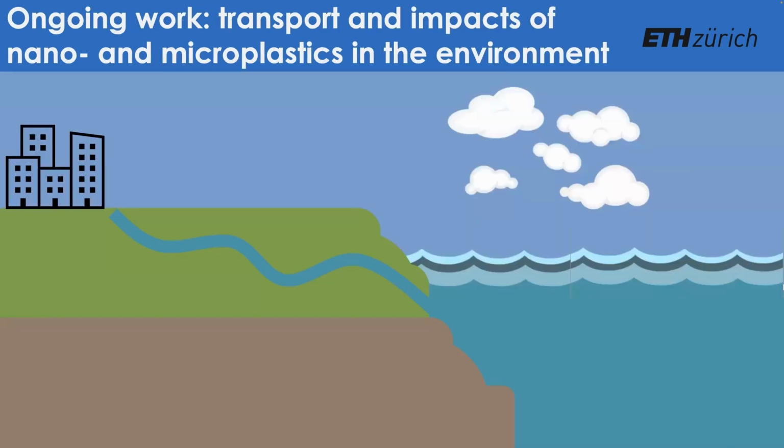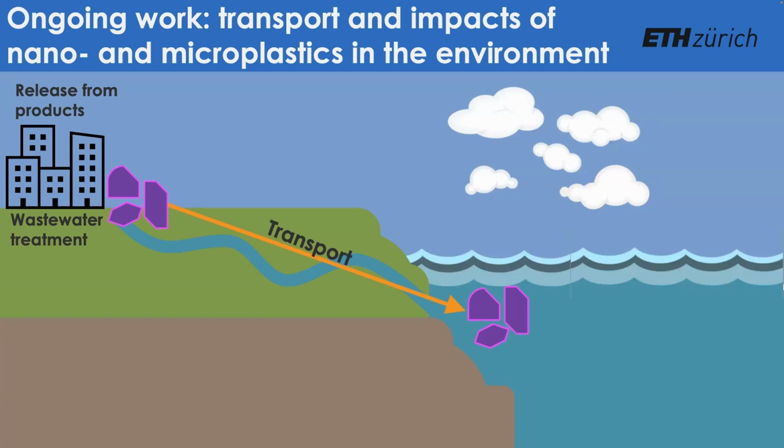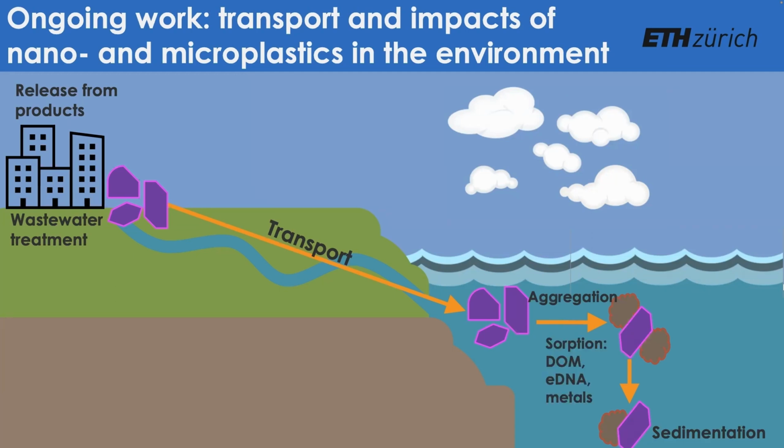So how are we actually using this in our own work? We are looking at how microplastics are released from pilot scale wastewater treatment plants in the laboratory, how they're transported down flumes in the lab, and aggregation and settling rates of plastics.